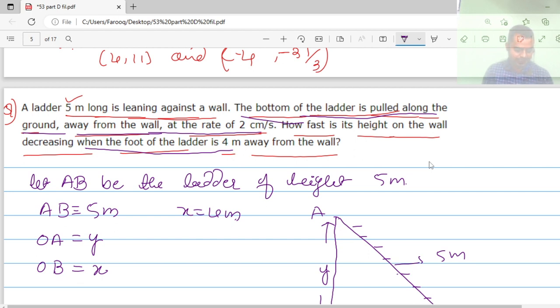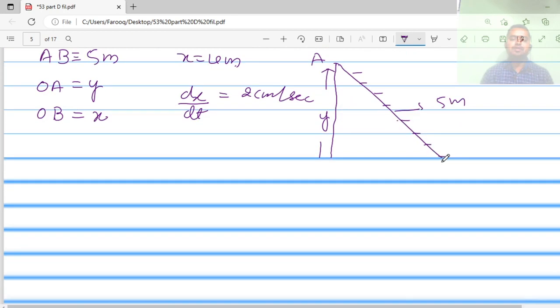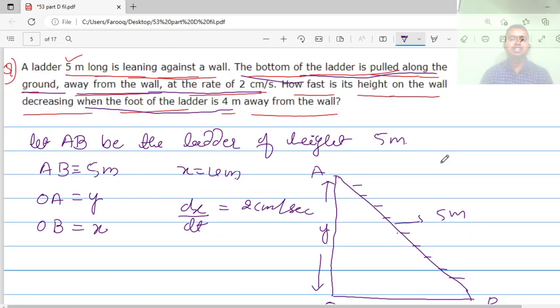Dx by dt is given here. These are the things given in the question.